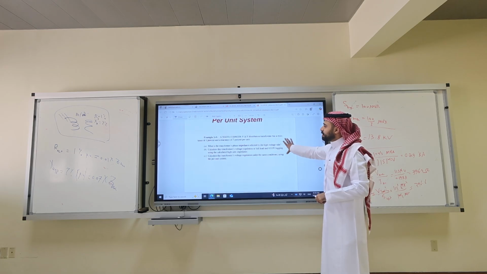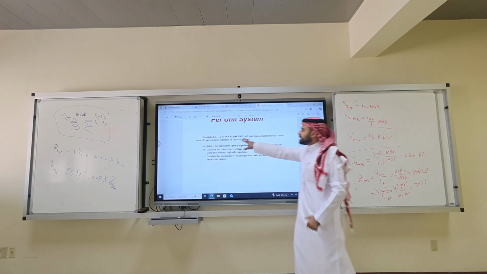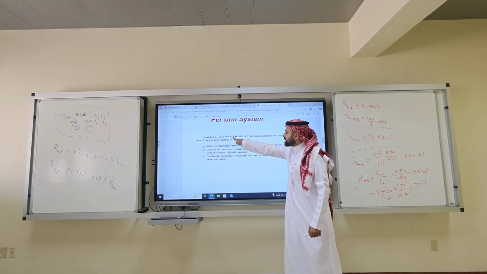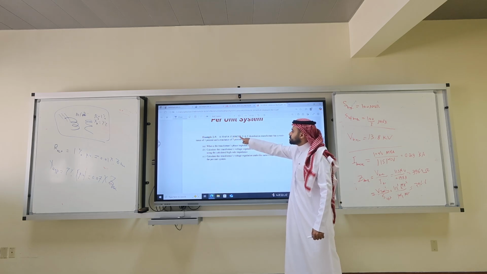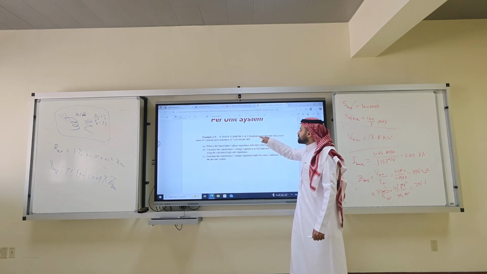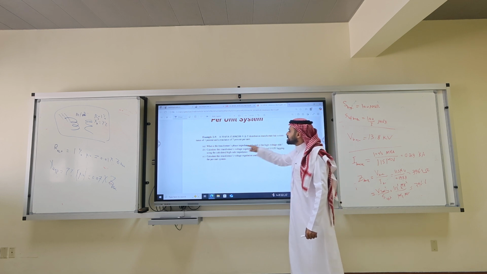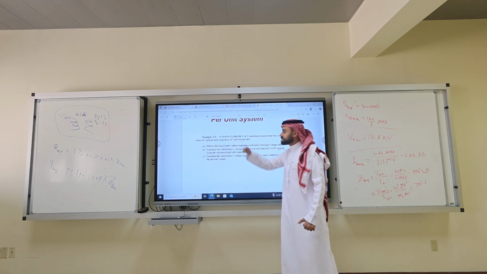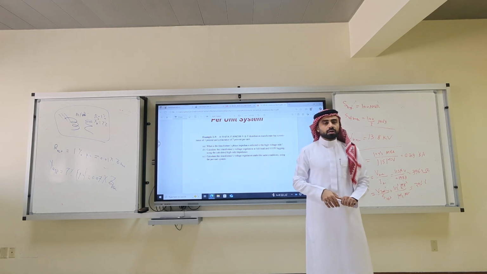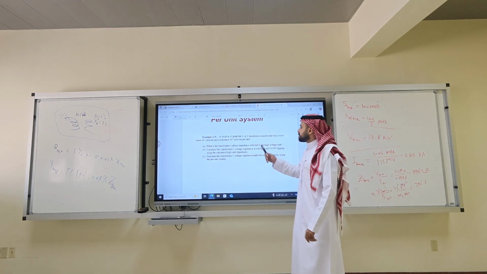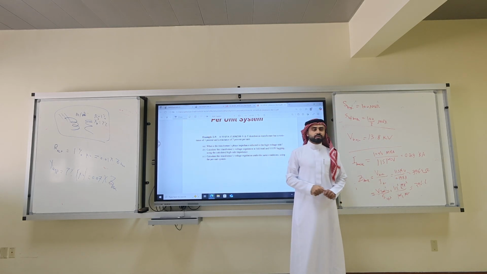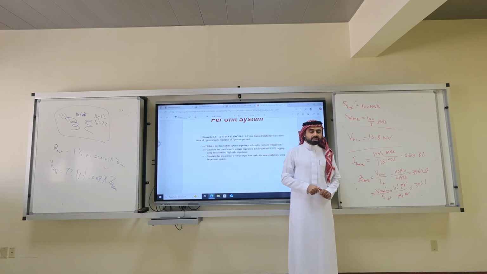Let's say this example. Read this statement. 50 kVA, 13.8 kilovolts to 208, delta to Y, distribution transformer, has resistance 1%, reactance 7%. Quick question. Is this a single phase or three phase? Three phase. Why did you know it's three phase?